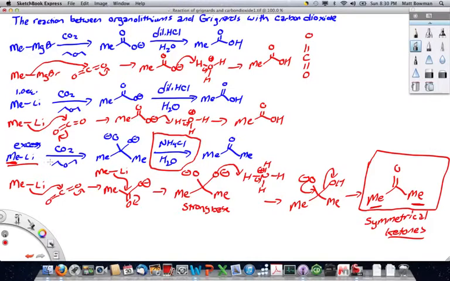And your organolithium cannot survive the acid workup step, and so as a result, the product and your organolithium aren't present at the same time, and so they cannot react with each other.